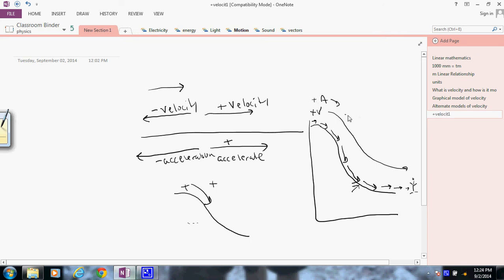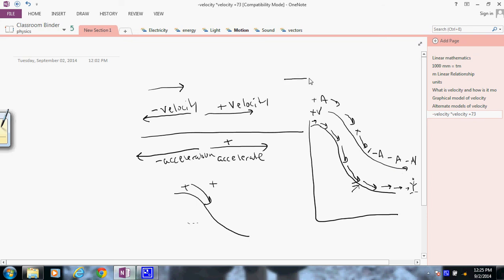Now I have a net slowing down. So my acceleration is now negative until I stop. So keep in mind, if I'm traveling in the positive direction and I have a positive acceleration, you can see that person is speeding up.